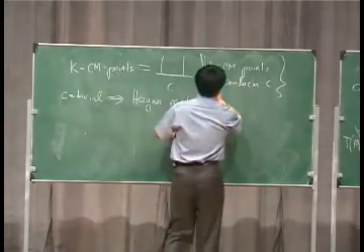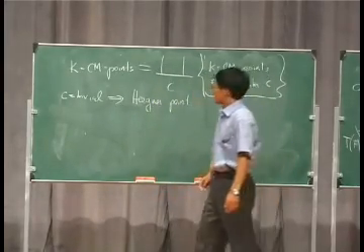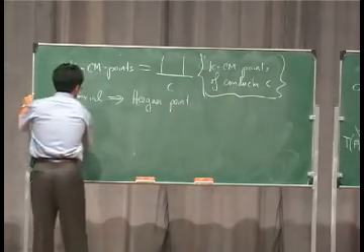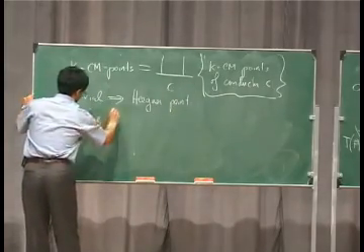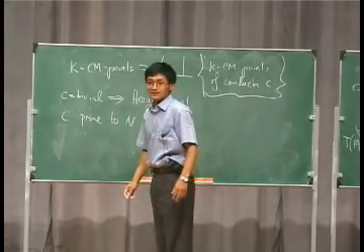This set is quite complicated. And when C is not prime to n. So when C is prime to n, this set actually is very easy to describe.